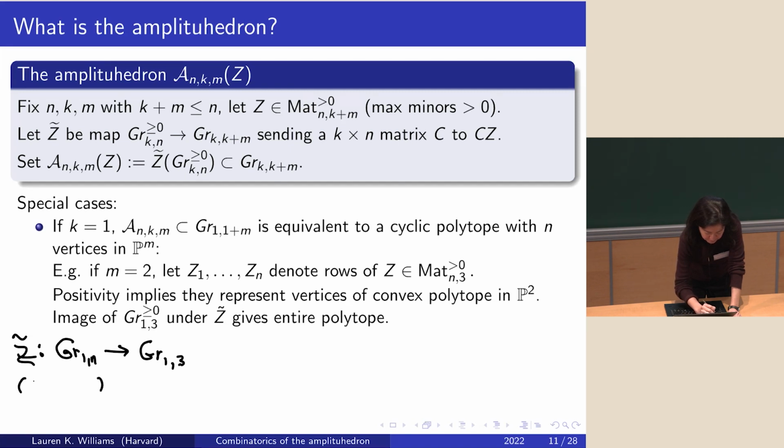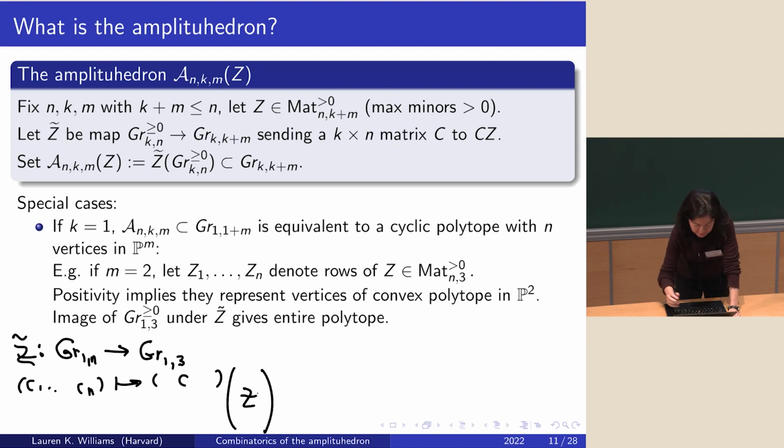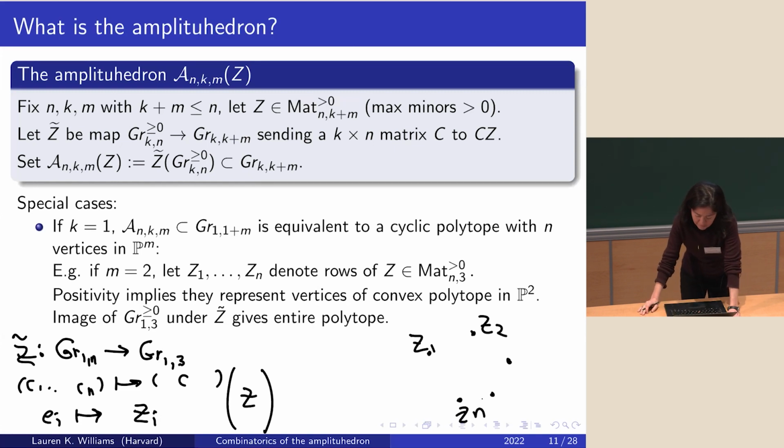And what we're doing is we're just taking a 1 by n matrix and multiplying it by the Zi's, so it's C times Z. If you think about what matrix multiplication does, if one of my C matrices is just Ei, the 0, 1 vector with 1 in the ith position, Ei will just go to my row vector Zi of Z. And so I will have all of these points in the image of my map.